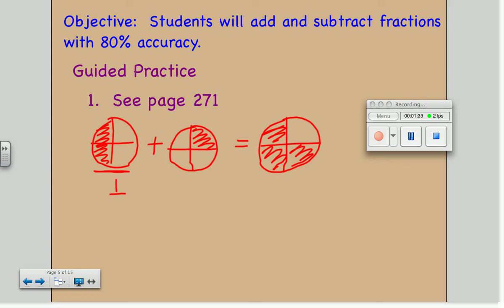So I'm going to say 1/2 plus, now this one, what does this represent? 1 out of 4 looks like to me. 1 is shaded out of 4 parts total. 1, 2, 3, 4, right? When I add them together, I get 3 parts shaded out of 4 parts total. So that means 1/2 plus 1/4 is equal to 3/4. Okay? That's your answer for that one.